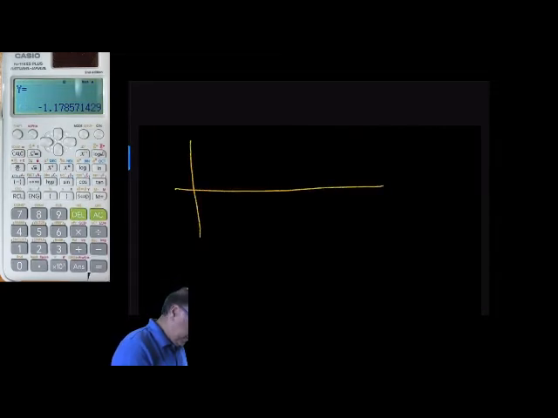So now we can sketch this waveform. We have voltage. Time.